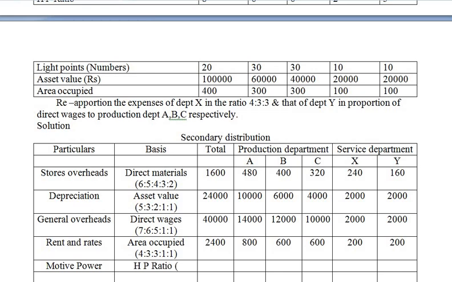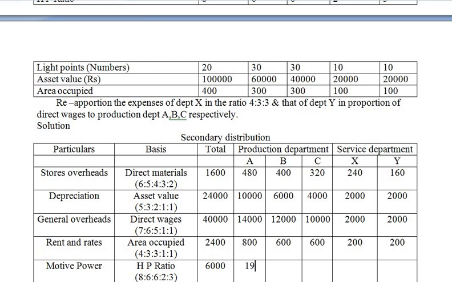So HP ratio is 8 is to 6 is to 6 is to 2 is to 3. Okay, and the total amount is 6,000. Now distribute it.